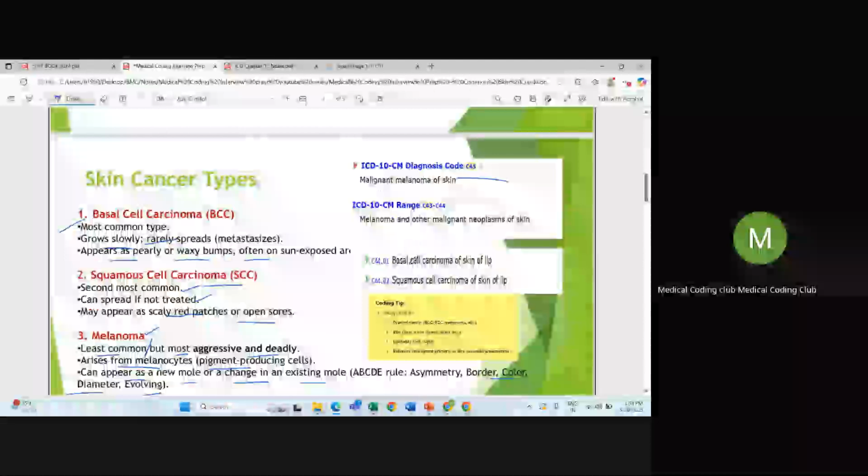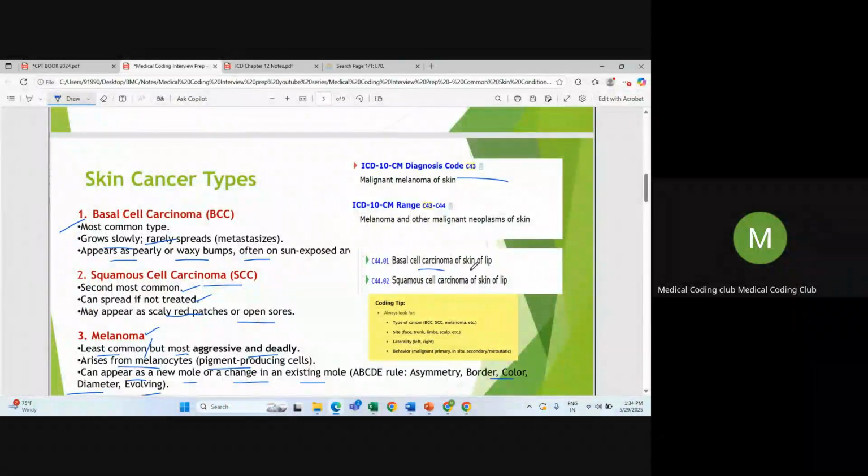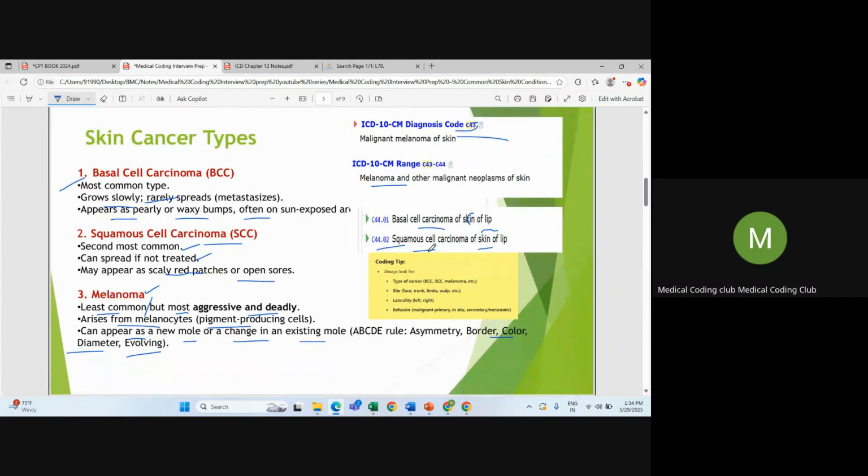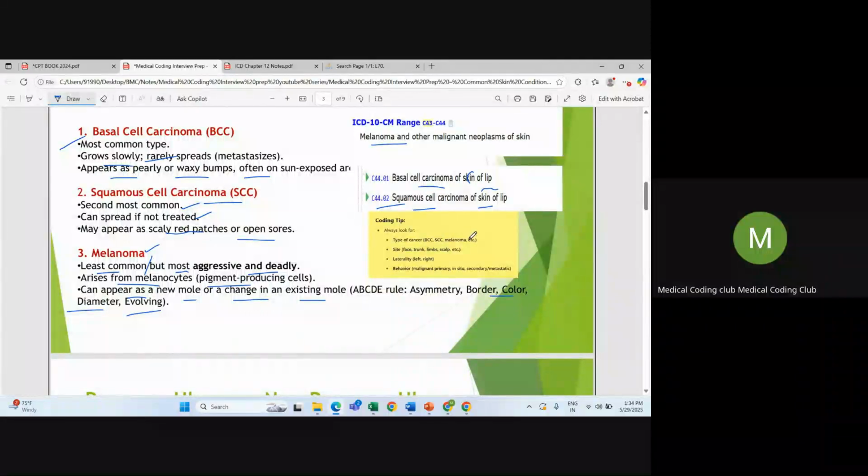You can see the examples. Basal cell carcinoma of skin of lip, C44.01. Squamous cell carcinoma of skin of lip, C44.02. And melanoma, the C43 series. So we have all the variations. It includes the type of cancer, anatomical site, laterality, and also the behavior.